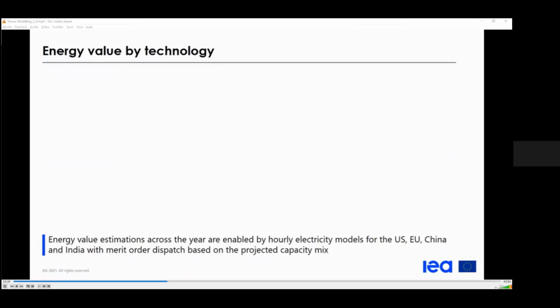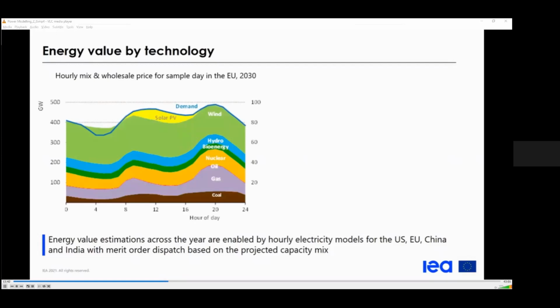technologies. So showing now some hourly outputs, with demand trends over the course of a sample day in the European Union in 2030. You can see these demand trends represented by the blue line. And you can see also the various supply technologies that contribute to meeting that demand.